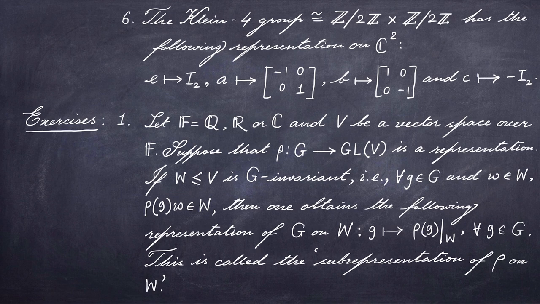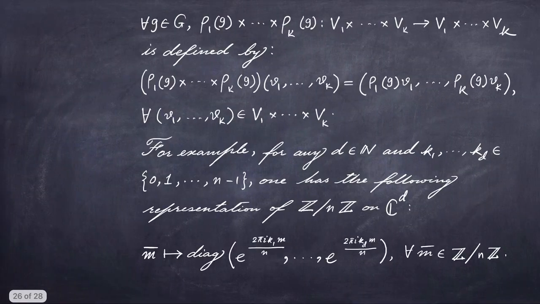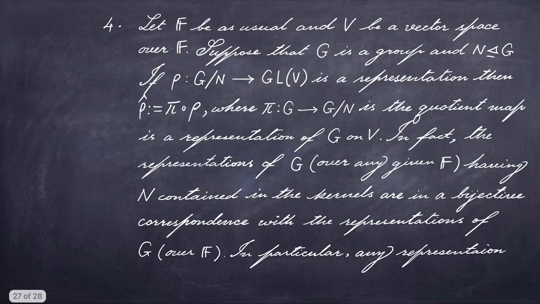The first one was for measure theory. The second one was the action of a group on another group by automorphisms, which leads us to semidirect products. And the third one is about linear actions of groups, which is basically representations. And then we have seen several examples of representations. Okay, so with that I will stop.